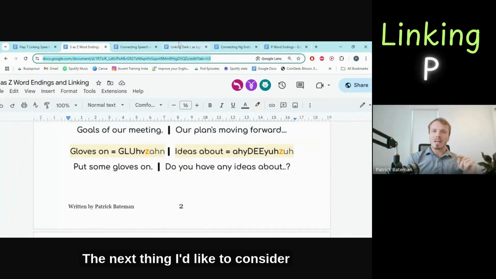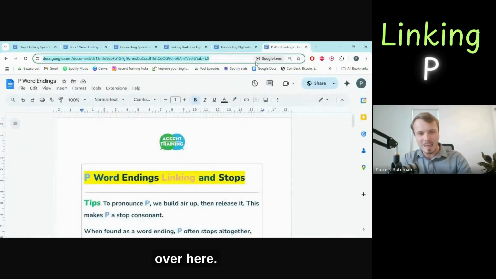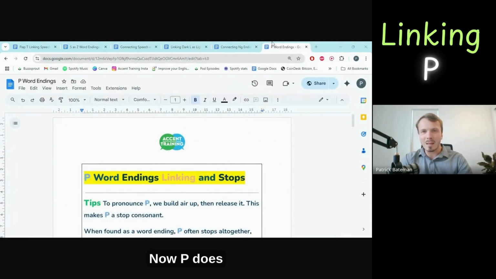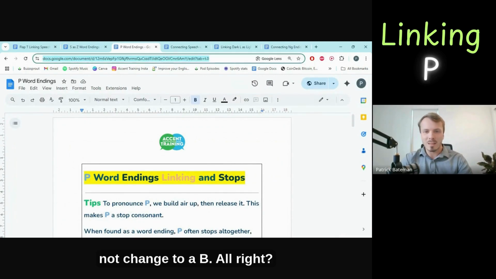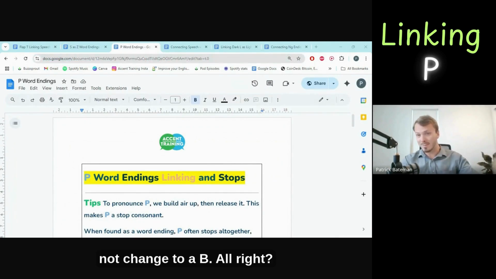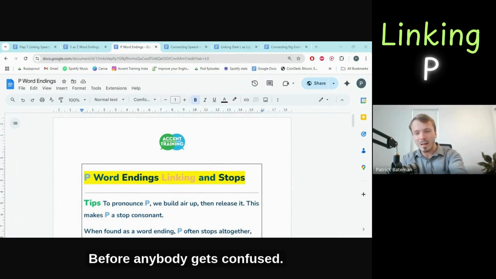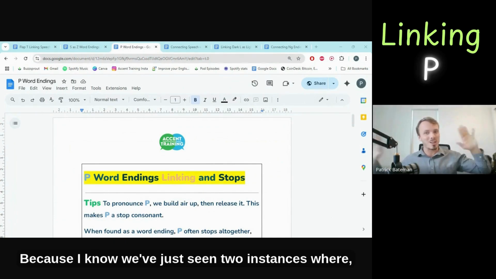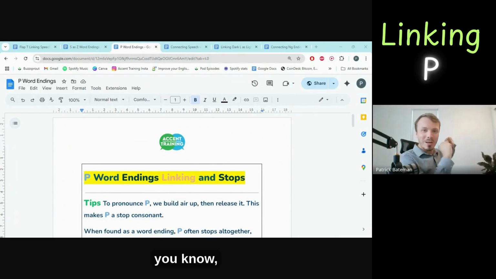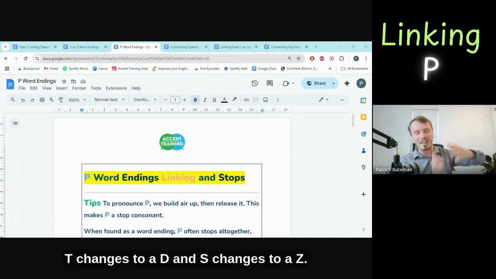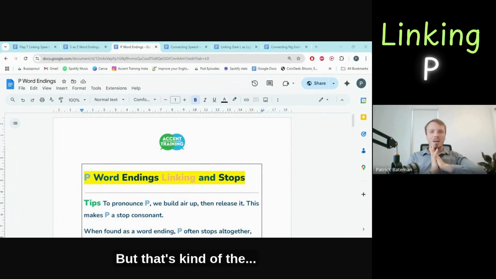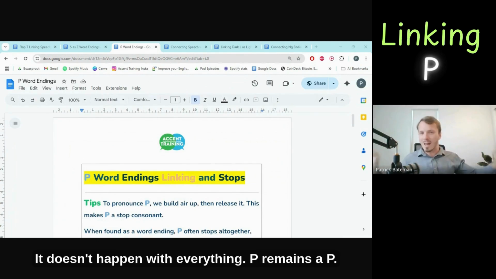The next thing I'd like to consider is, let's take a look at the letter P over here. Now, P does not change to a B, all right, before anybody gets confused, because I know we've just seen two instances where T changes to a D and S changes to a Z. But it doesn't happen with everything.